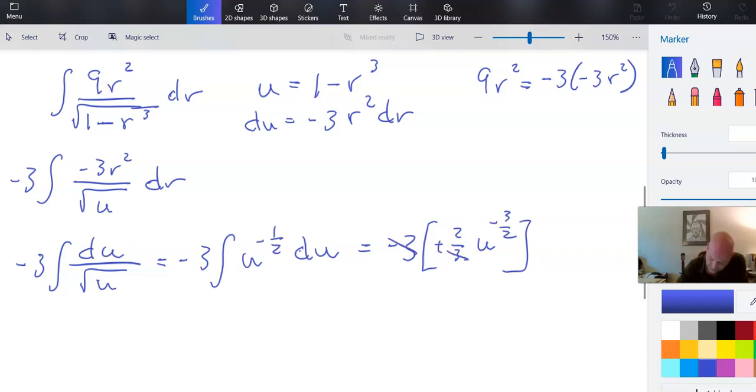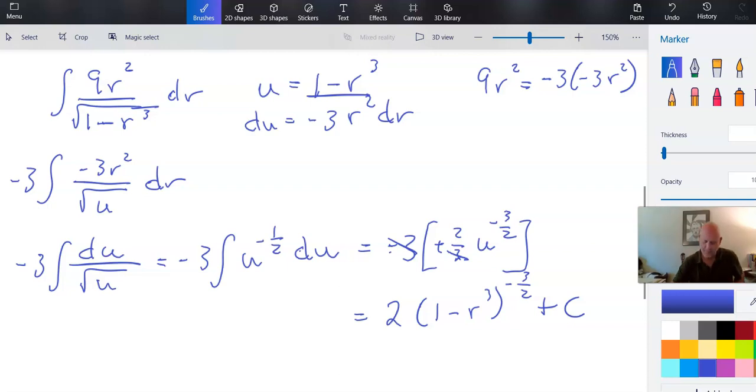The negative cancels and the 3 cancels. And I end up with, and then I'll go ahead and substitute back in for the u. That's 1 minus r cubed. This ends up being 2 times 1 minus r cubed to the negative 3/2 power plus a constant.